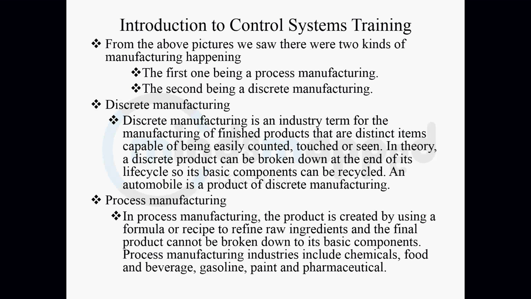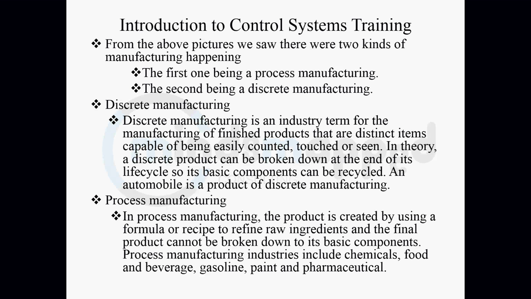Right. So what I want to say by this is that these items are distinct items which are easily identifiable and they can be counted. So discrete products are being assembled in discrete manufacturing. Products are assembled using distinct items capable of being easily counted, touched, or seen.